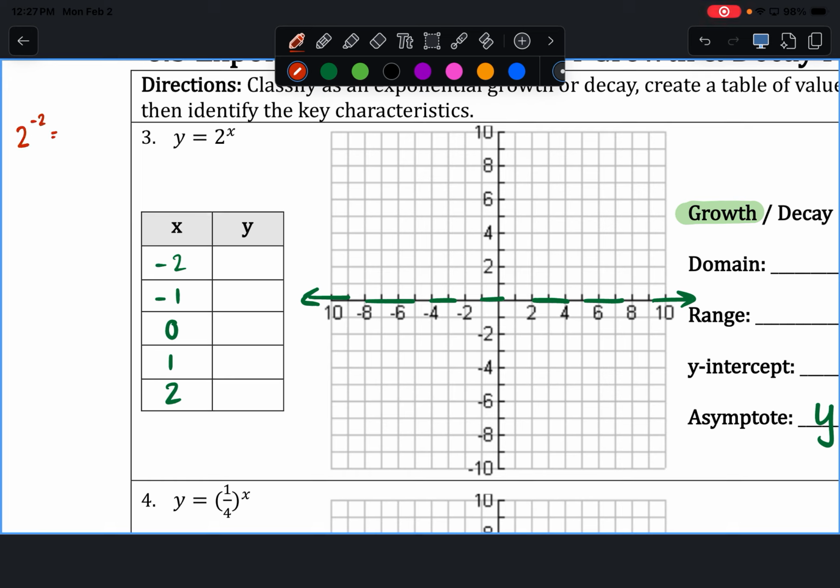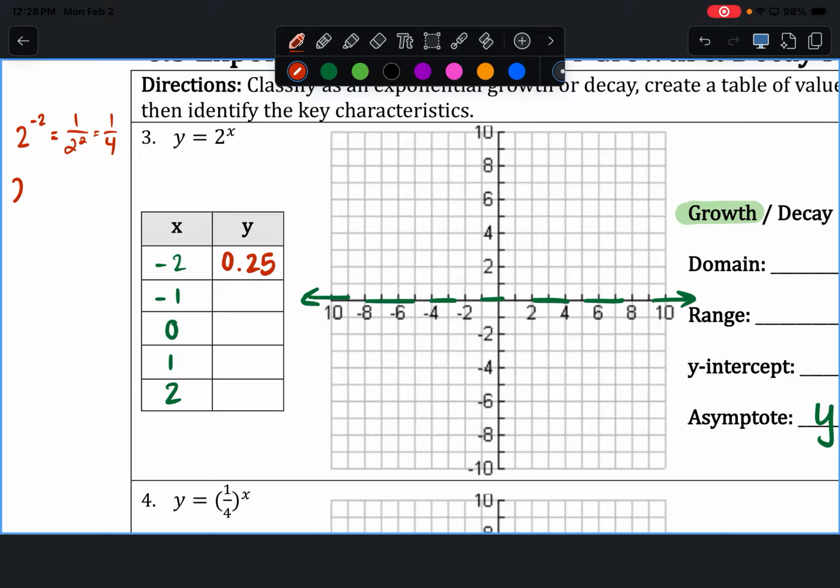What is 2 to the power of -2? It is 1/4, because it's technically 1 over 2 squared, which is 1/4, the same thing as 0.25. I will say this. People tend to graph easier with the decimal form than the fractional form. It's easier for some people to understand where 0.25 is more than 1/4. You do whatever makes the most sense to you. I'm good with fractions or decimals there.